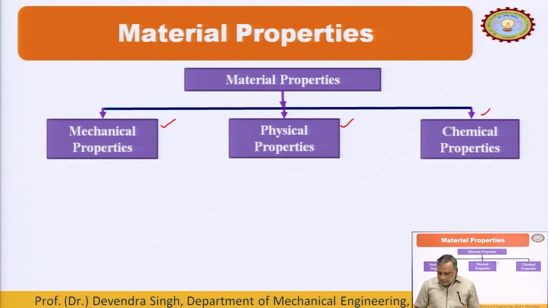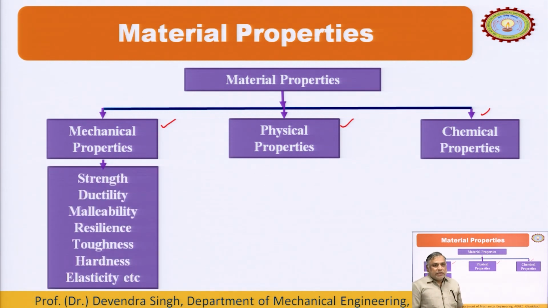These are the significance of the properties a designer considers when selecting a material for a particular application. Mechanical properties include strength, ductility, malleability, resilience, toughness, hardness, elasticity, etc. These are a few important mechanical properties a designer comes across during selection of material and analysis.